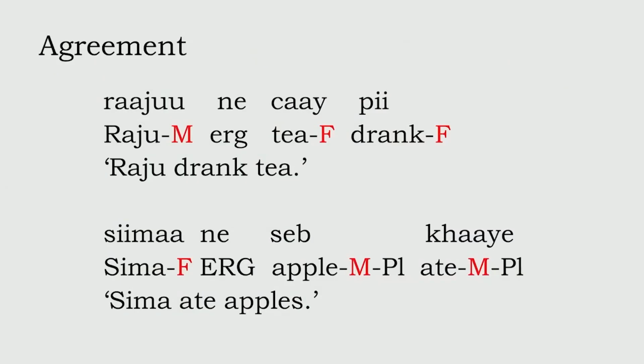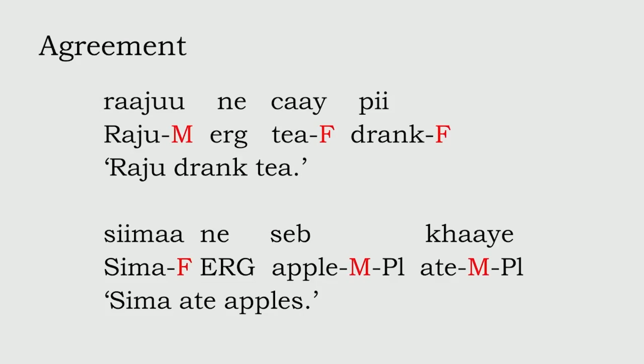Similarly, let us look at the second sentence. The second sentence is Seema ne seb khaye. Again, it means Seema ate apples. Seema is a feminine noun in Hindi, a proper name. Again, ne is an ergative marker.